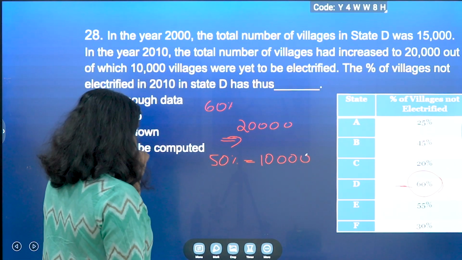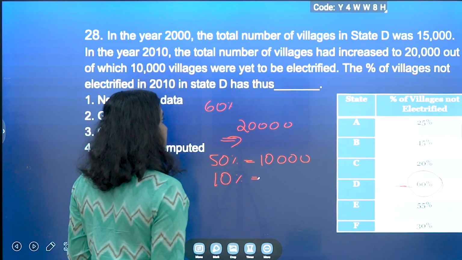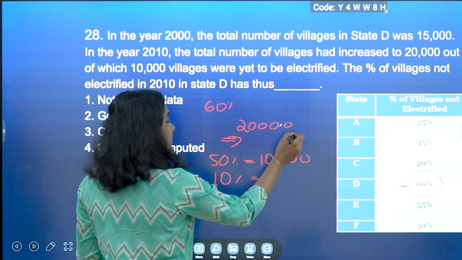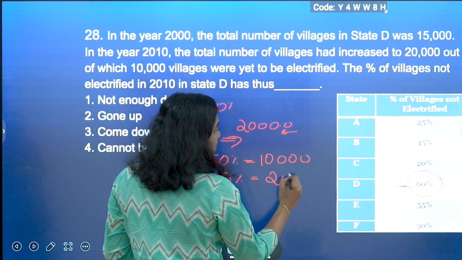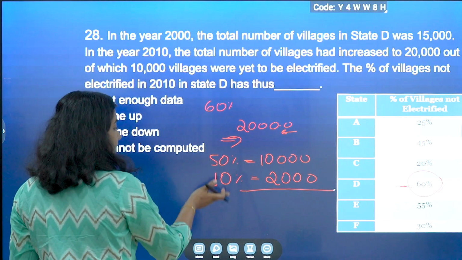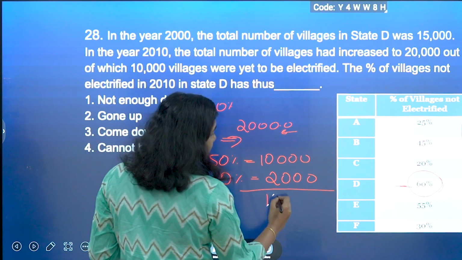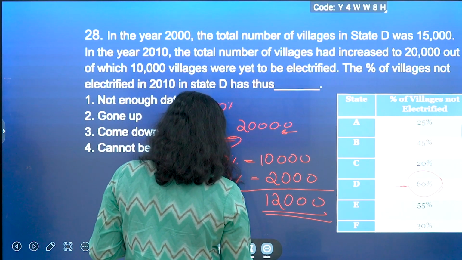Now 10% will be, from the right hand side, move a place and put a decimal point, so 10% will be 2,000. So 60% will be 50% plus 10%, that is 12,000. So 60% is 12,000.